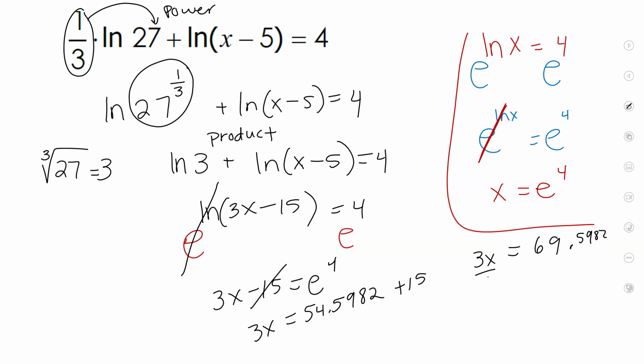And then we're going to divide by 3. So let me tell you what that is. So add 15 and divide by 3. You'll get 23.1994.